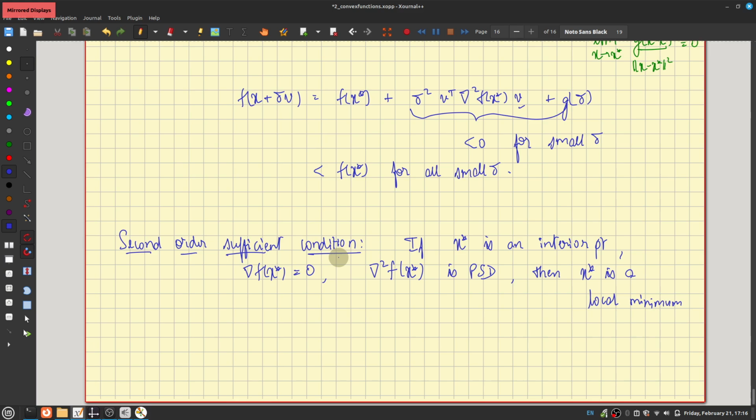How do we prove this? Again, the high level idea is still the same. You just take the second order Taylor series approximation around x star.